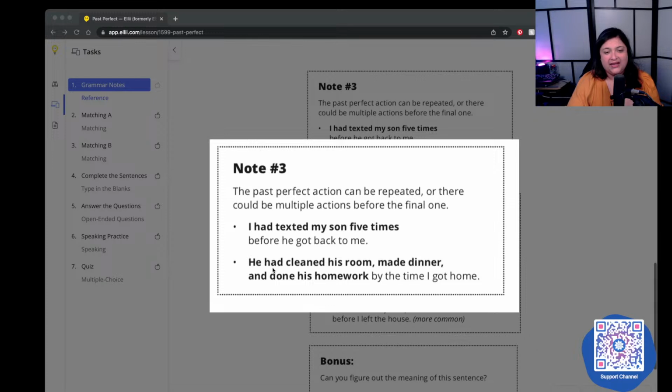He had cleaned, had plus the past participle, his room. Then we have a list which is conjugated in the simple past, and done his homework by the time, which is our time marker here, I got home, which is also in the simple past.